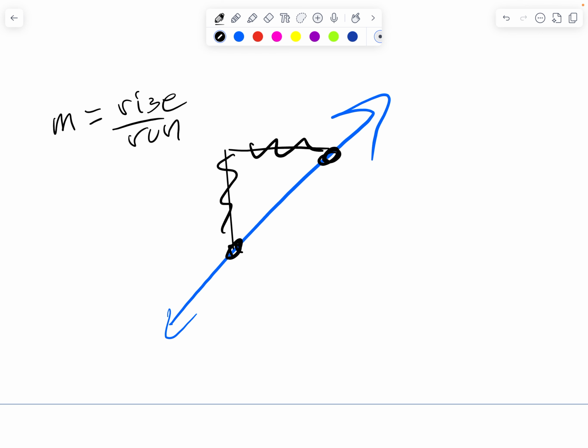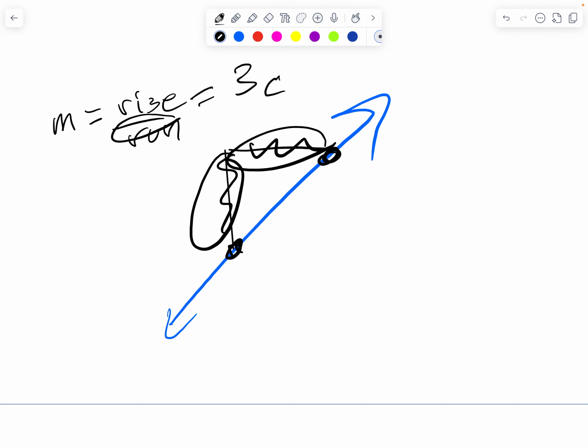This length compared to this length. So if I went up 3 centimeters and to the right 2 centimeters, the lengths canceled out. So slope, like radians for an angle, is measured in a dimensionless unit of measure. So don't let radians blow your mind.